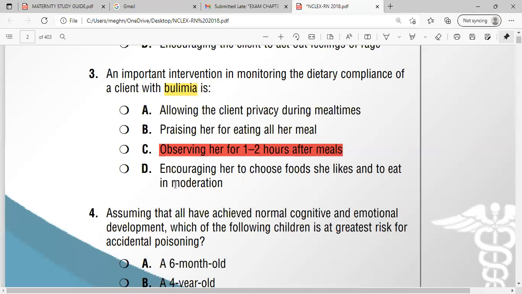Then number D is not correct: encourage her to choose food she likes and eat in moderation. Let me explain. Encouraging the client to choose favorite food might increase stress and the chance of choosing food that is low in calories and fat. So D is not correct. Next question.